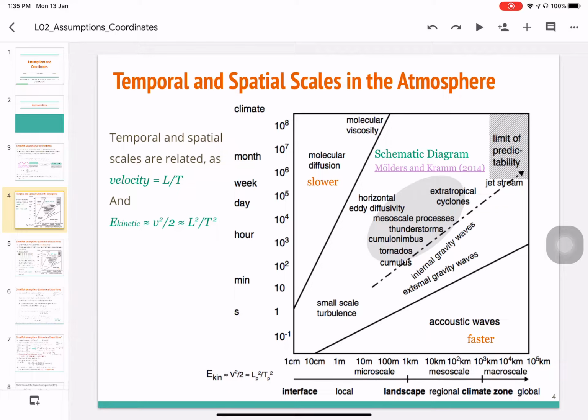If we put all the weather systems in this graph, they would be pretty much lying in between. These are what we want in the solutions from our atmospheric models. And these are the things that we don't want, for example, acoustic waves, sound waves.